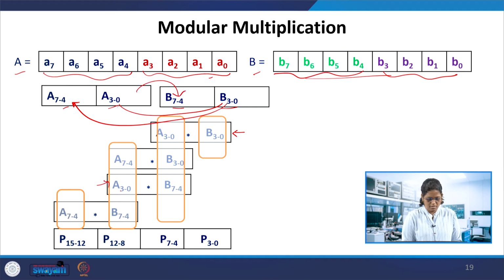This is the third one, A30 multiplied with B74, and then A74 multiplied with this. Here you won't have only one shift: there is A30 with this, the next one is B30 with A74, and similarly this one to this. If we add all of them, you get the partial products for 0 to 3 over here.